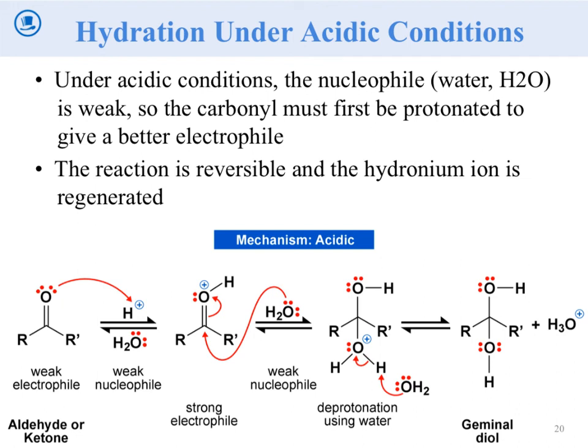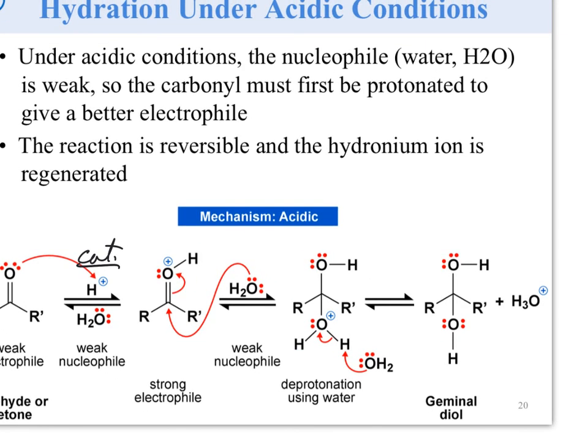This is an acid catalyzed process. Which of course means the final step will be what? Regenerating the catalyst. Right? You have to regenerate the catalyst. Acidic mechanisms: protonation, addition, and then usually a final deprotonation just to regenerate the catalyst.